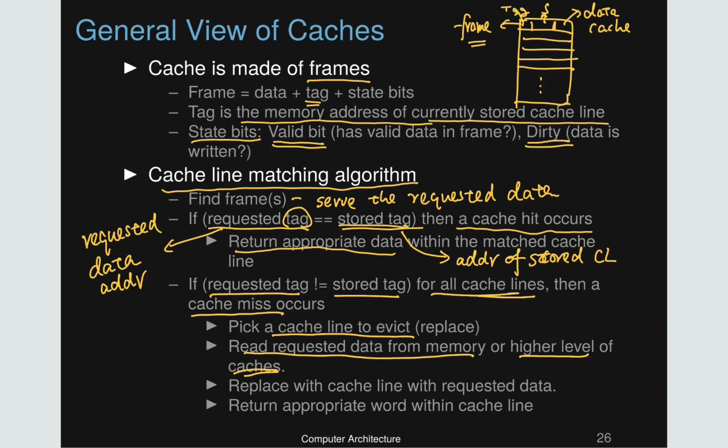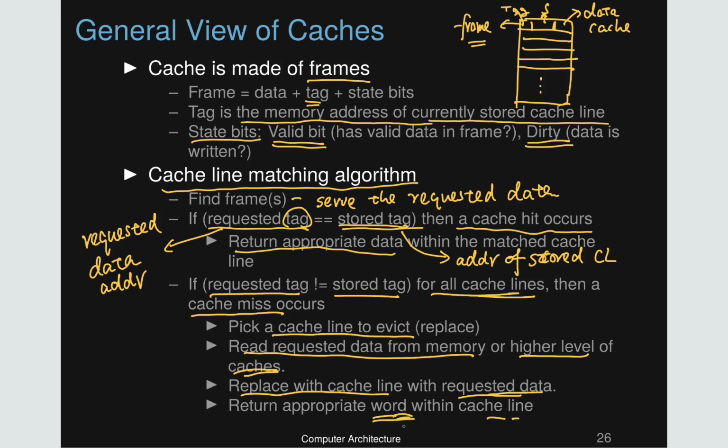If we're in the level 3 cache, we're going to read the data from memory. But if we're in the level 1 cache, we're going to read data from the level 2 cache first. After we have read the requested data, we're going to replace the victim cache line with the requested data. After that, we're going to return the proper data in the cache line.